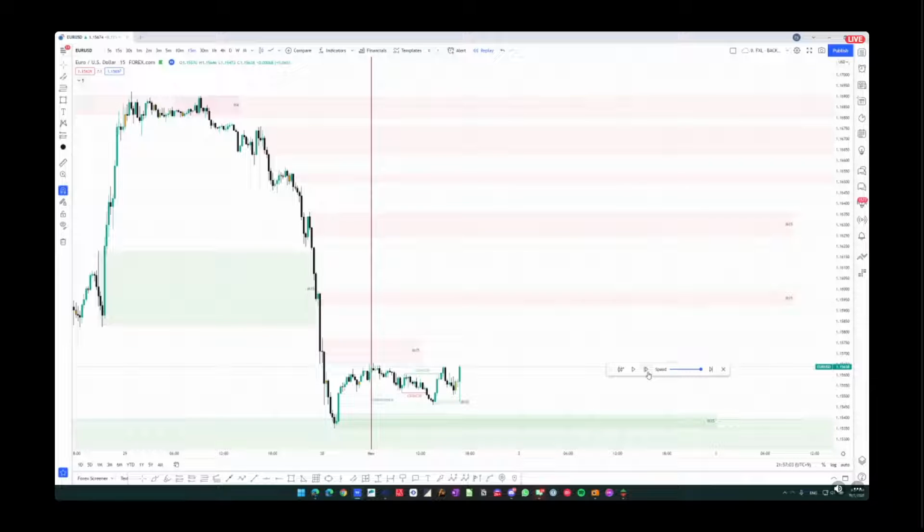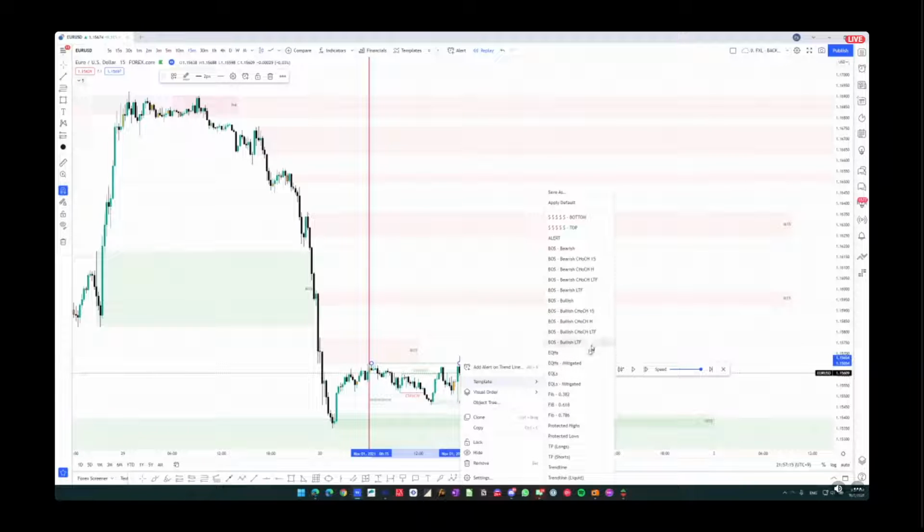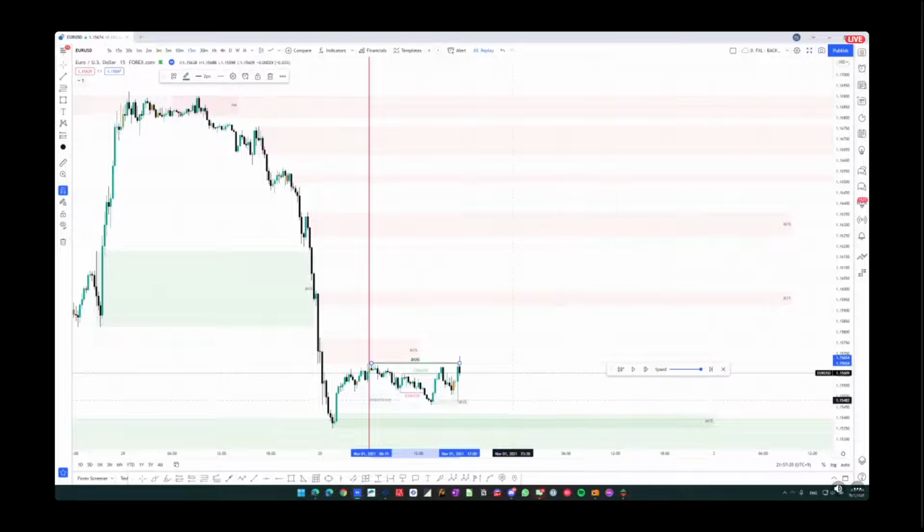What I'm going to watch is potential areas after to enter. You see right here, it just broke structure. So for me now, this is something that we can consider to trade. Let's see what happens.